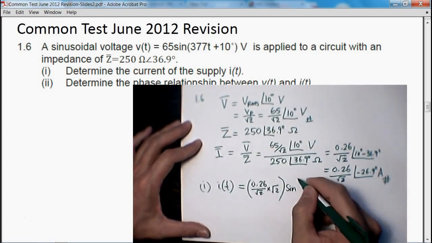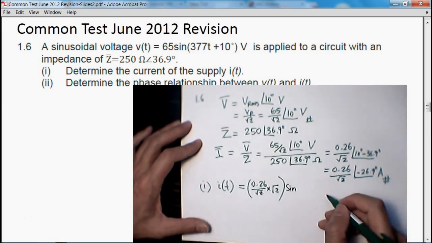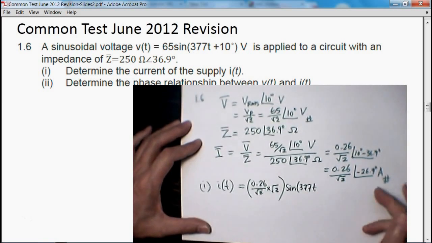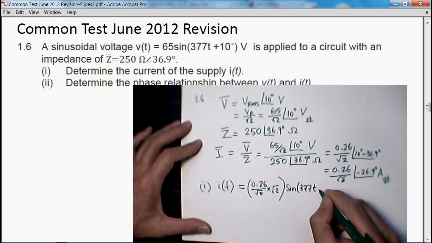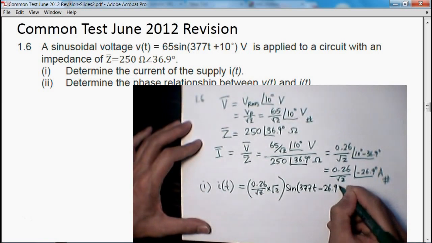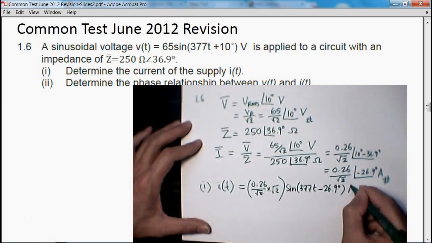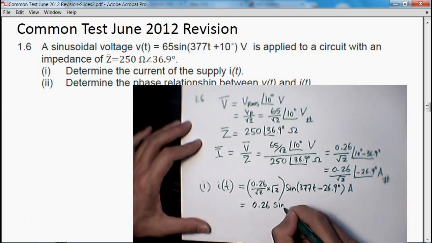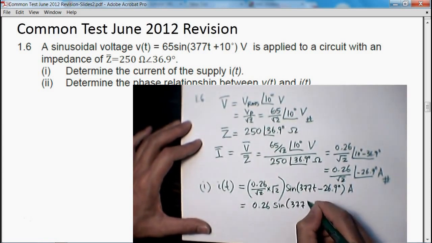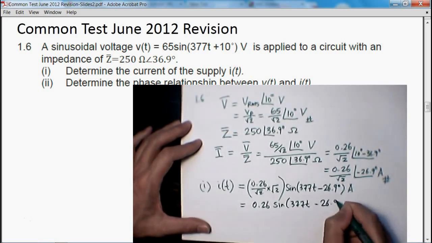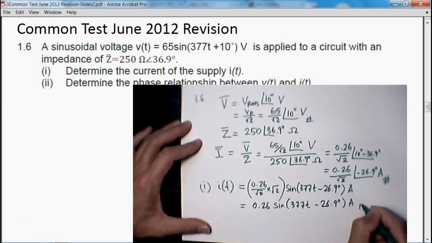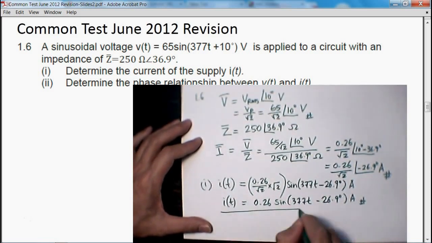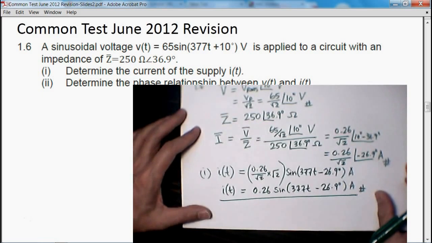Sine omega t remains the same, so in this case it's 377t, but this time the angle is negative, 26.9 degrees amperes. That equals 0.26 sin(377t minus 26.9 degrees) amps. So that is the sinusoidal expression for the current for this case.